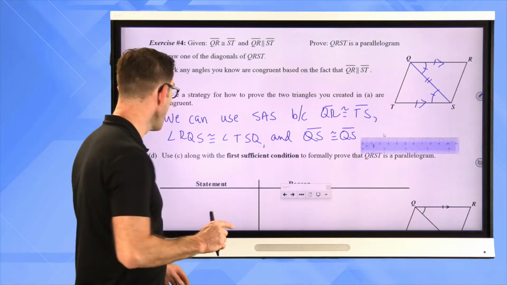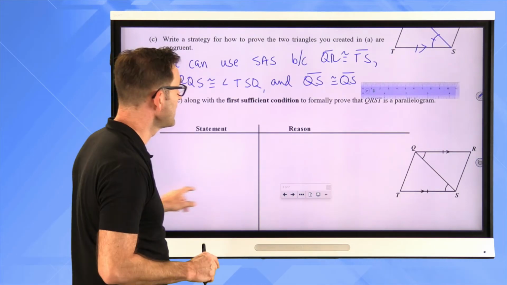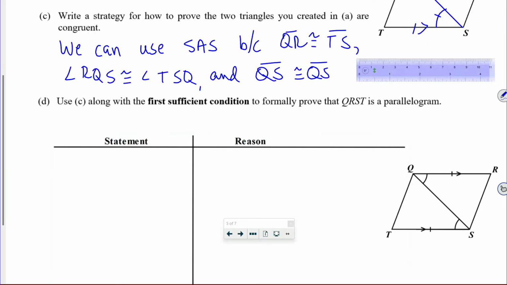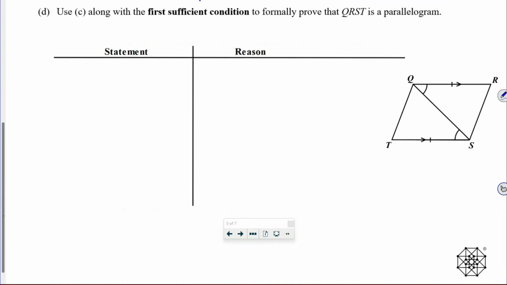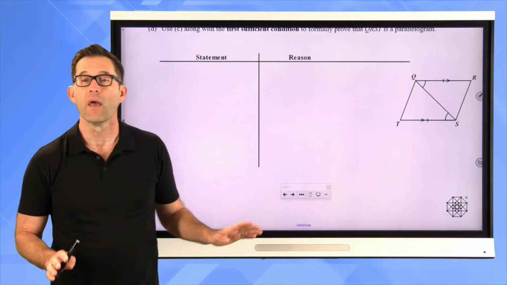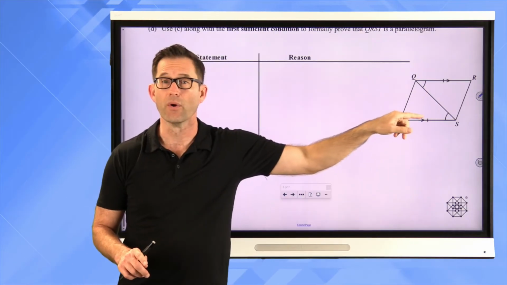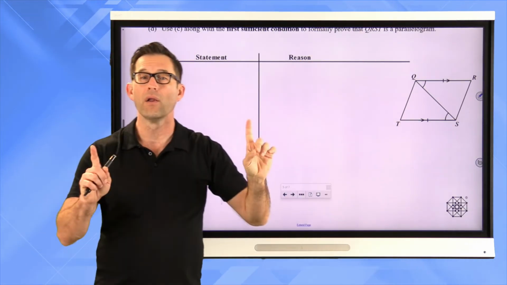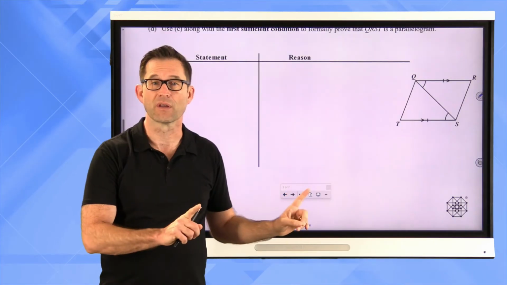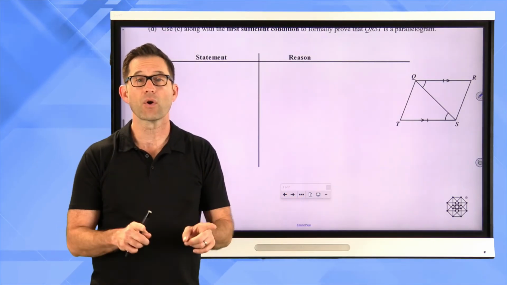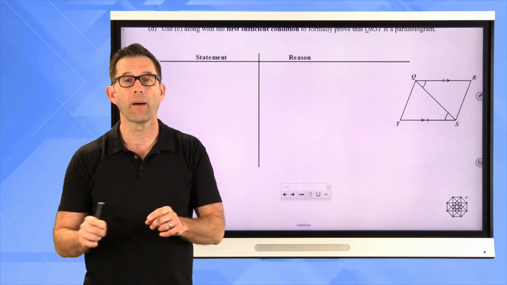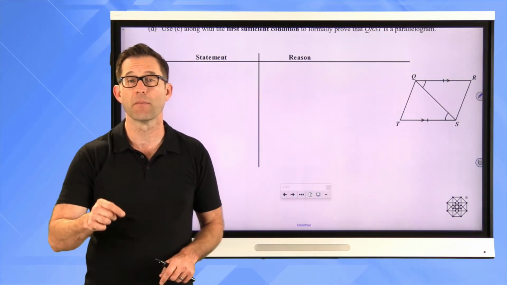All right, so now let's take a look at letter D. Use C along with the first sufficient condition to formally prove that QRST is a parallelogram. All right, so this is really cool. I'm claiming that we can use the fact that we can prove these two triangles are congruent, and we'll have to do that within the proof, along with what we saw in the first sufficient condition, which was, right, if I have a quadrilateral with both pairs of opposite sides being congruent, that it must be a parallelogram.